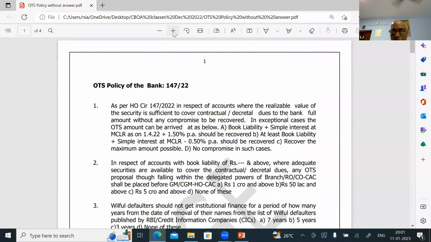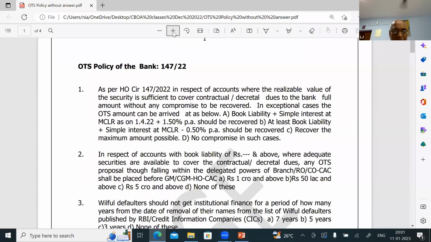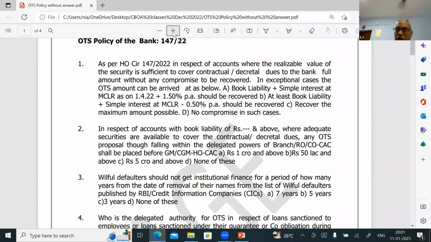Okay. Now the OTS question paper is already uploaded on the CBO website. Now let us see the questions with answers. First question: OTS policy of the bank, HO Circular 147/2022. Again I am repeating, friends, the questions and answers are only to give you a confidence level. If you understand the concepts, if you understand the subject, what the faculties are teaching, then that is more than sufficient to score a very high mark. If you depend only on these questions or only on the quiz conducted by various people, it is very difficult.